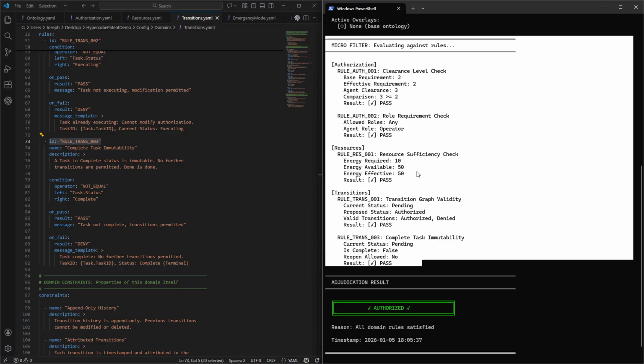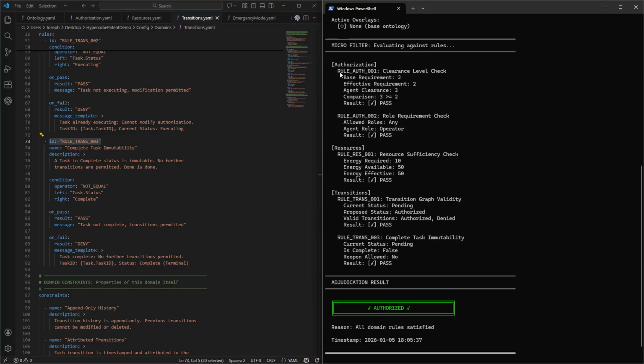Micro filter phase. Each domain evaluates. Auth 001 checks, is 3 greater than or equal to 2? This is a pass.